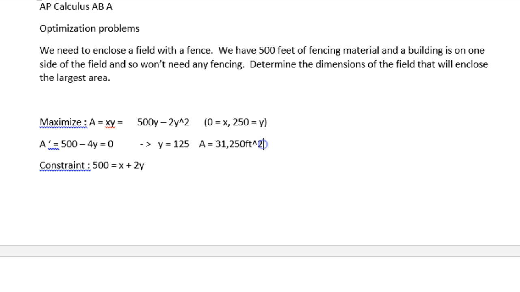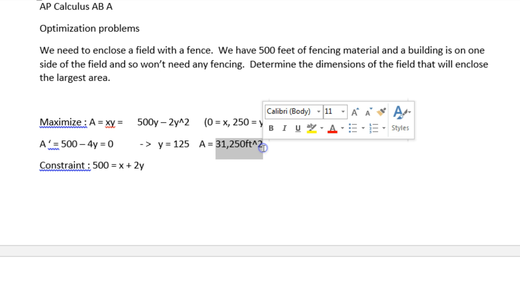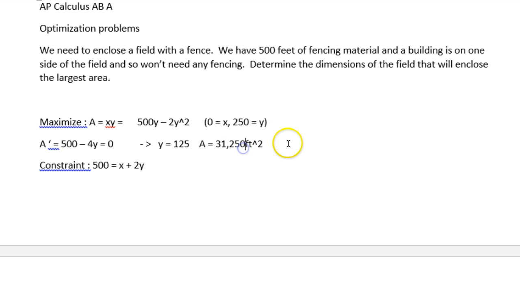Since I've worked this out and I know this is the critical point, where the derivative is 0, I know this has to be the max area. So the dimensions for this problem are x equals 250 feet and y equals 125 feet, and that will give us our maximum area.